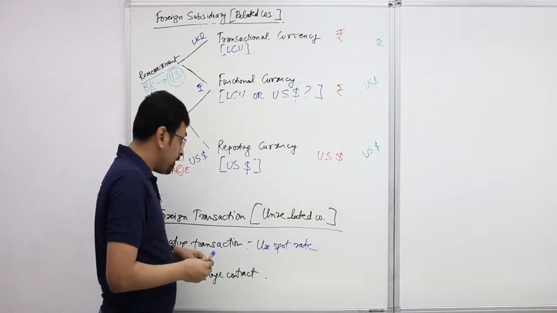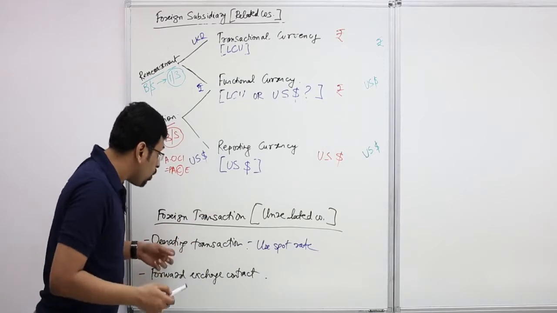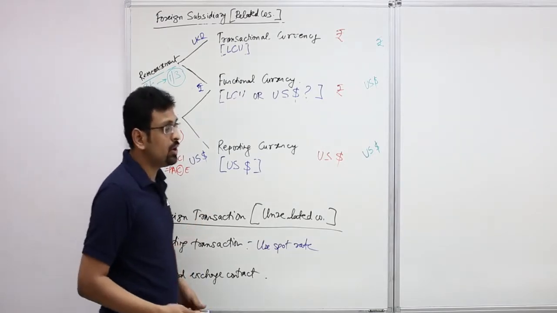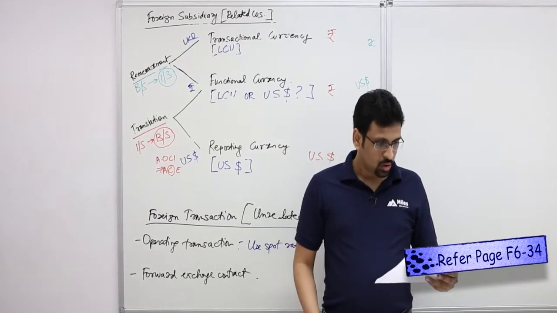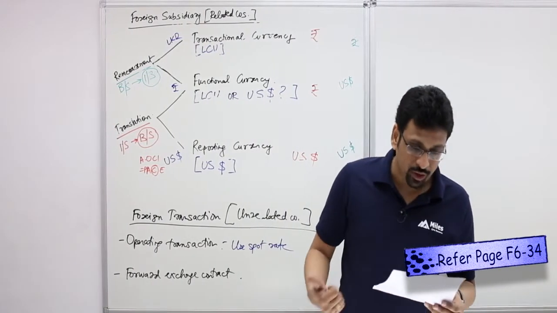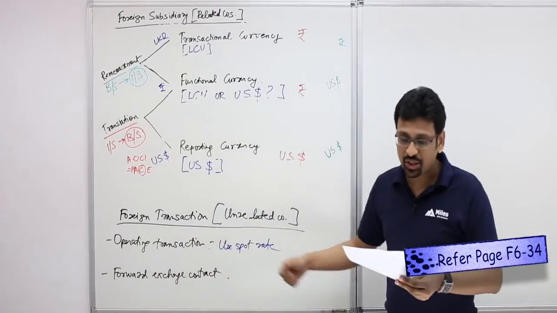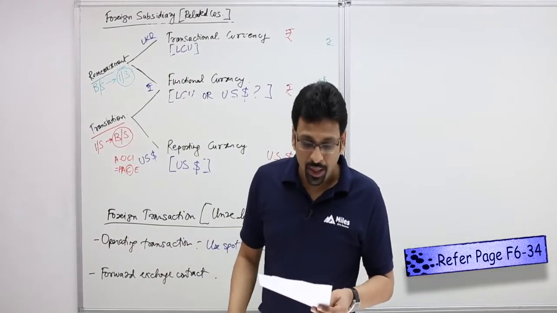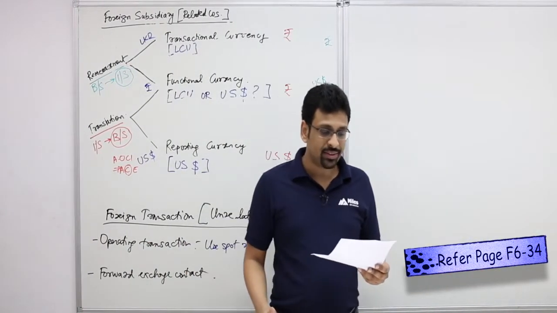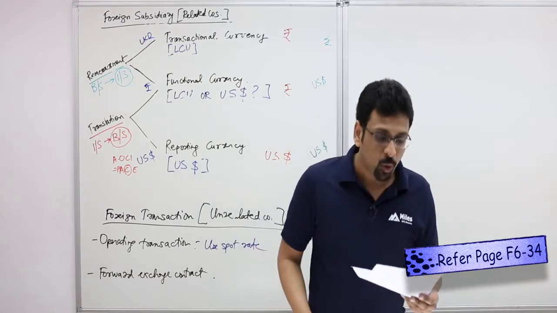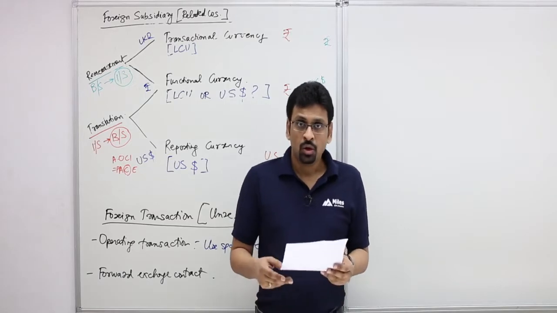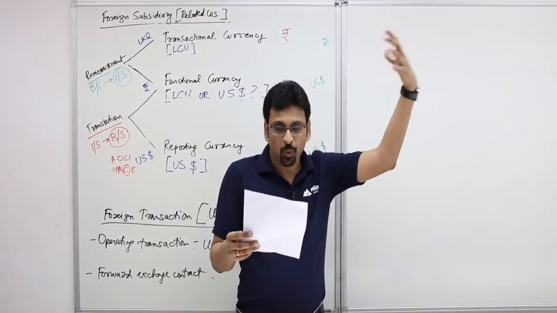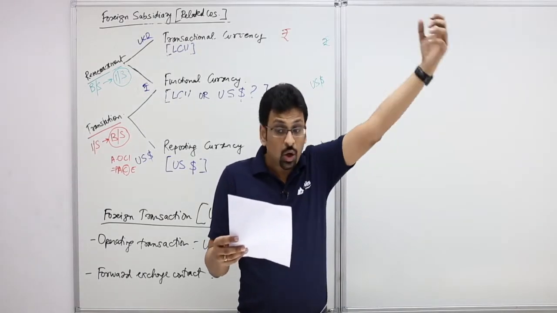Now to understand foreign transactions for operations, we'll look at an example that we have on a book. So it says example on foreign currency operating transaction. Export Inc. made a credit sale on 22nd December 2010 to import company for 1000 LCU. So a US company has made an export for 1000 local currency units.